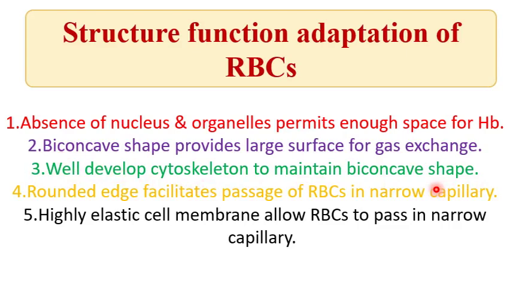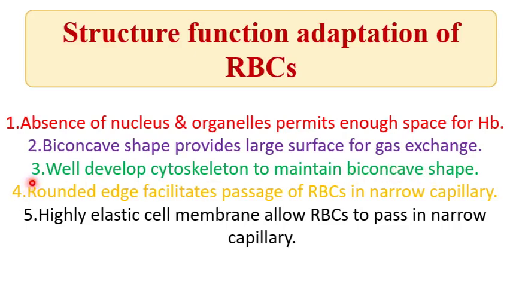Any abnormality in spectrin or actin will affect the normal biconcave shape of the RBCs, which leads to a state called poikilocytosis, as in spherocytosis or sickle cell disease.